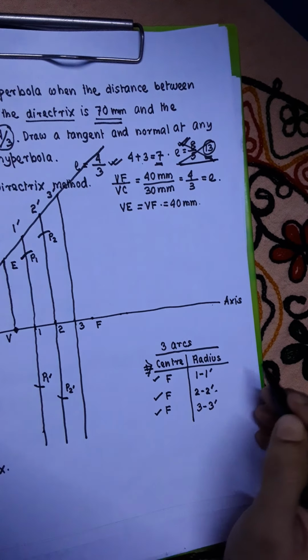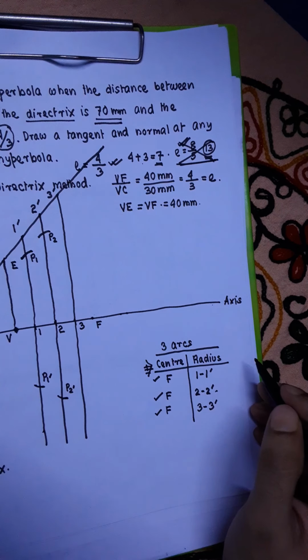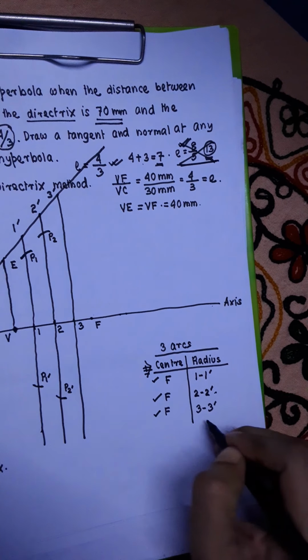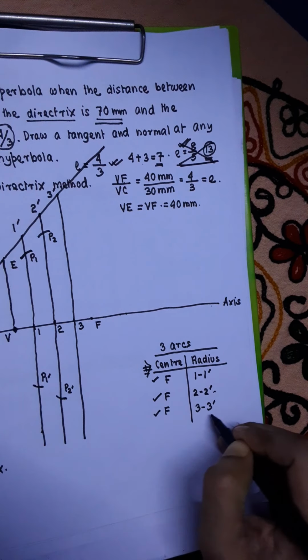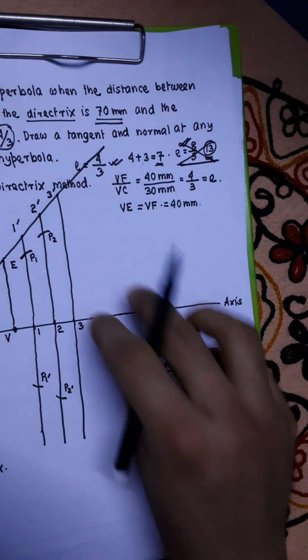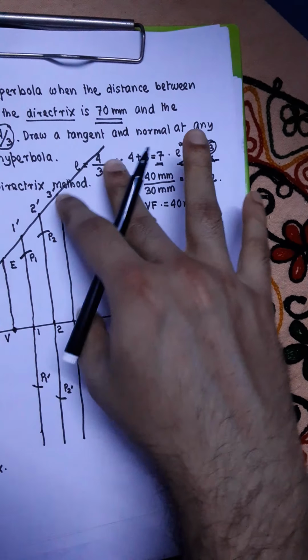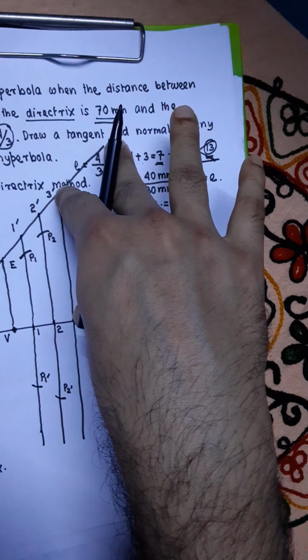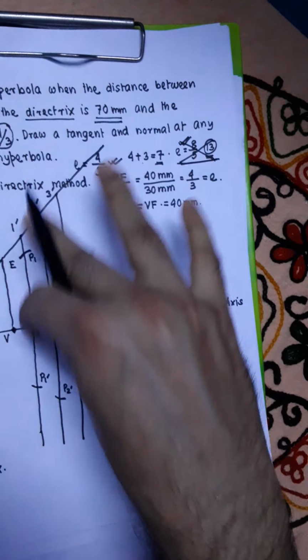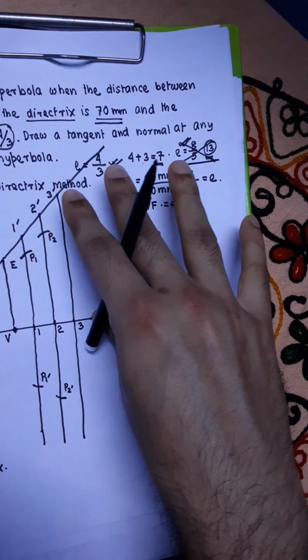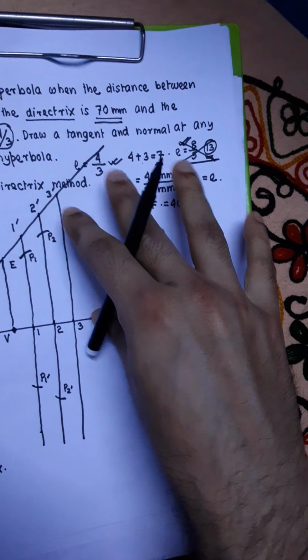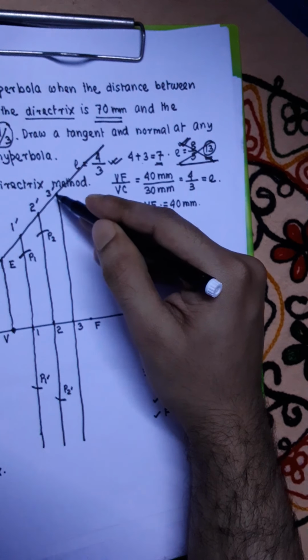Then you draw the third arc, which is the largest of these 3 because of the radius value. For this arc also, the center will be the focus, but the radius will be as large as 3 dashed. And when you are drawing this arc, you have to note the intersection of this arc with the line 3 dashed.